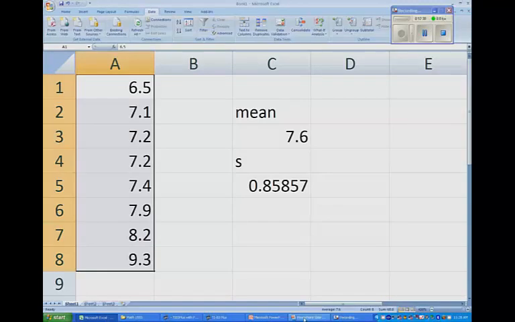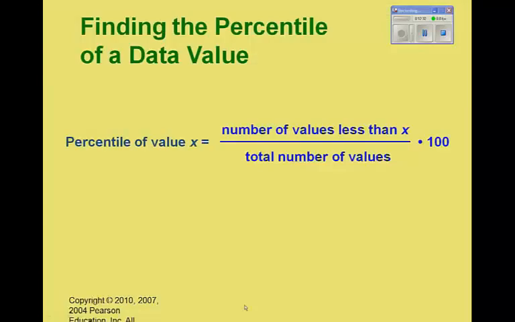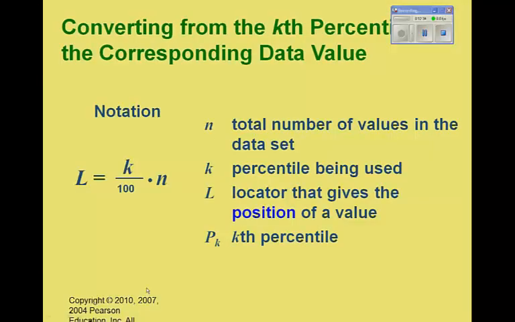Now, back to this. They give you a big formula for, suppose I have the percentile and I want to find the data value. I think for now, I want to let you just kind of play with the formula for homework.